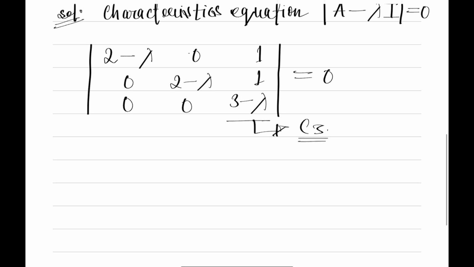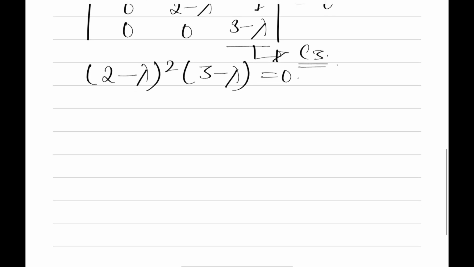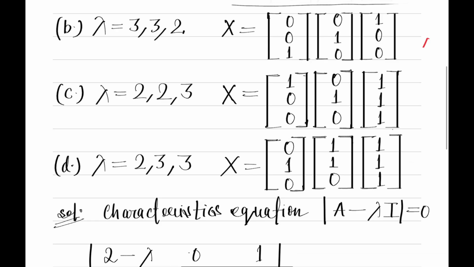We will get (2 minus lambda) whole square times (3 minus lambda) is equal to 0. Now we can write lambda is equal to 2, 2 and 3. So our eigenvalues are 2, 2 and 3.